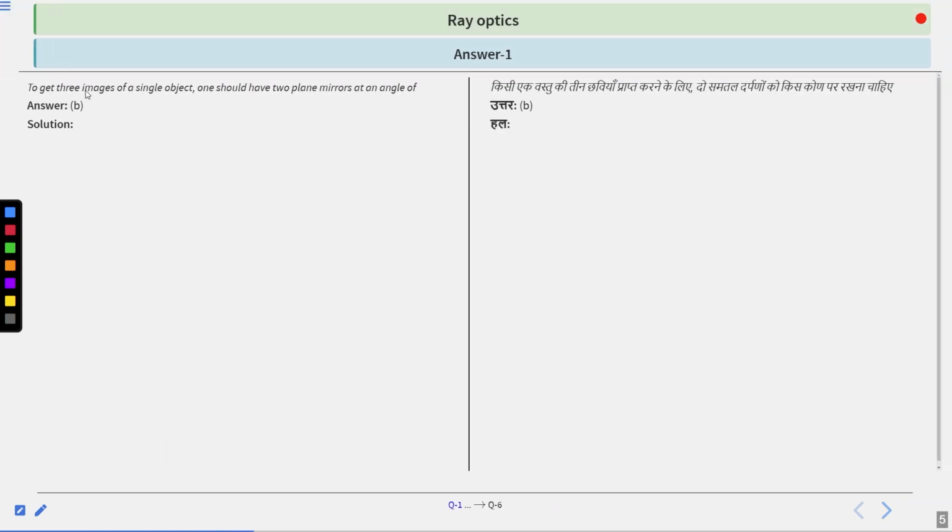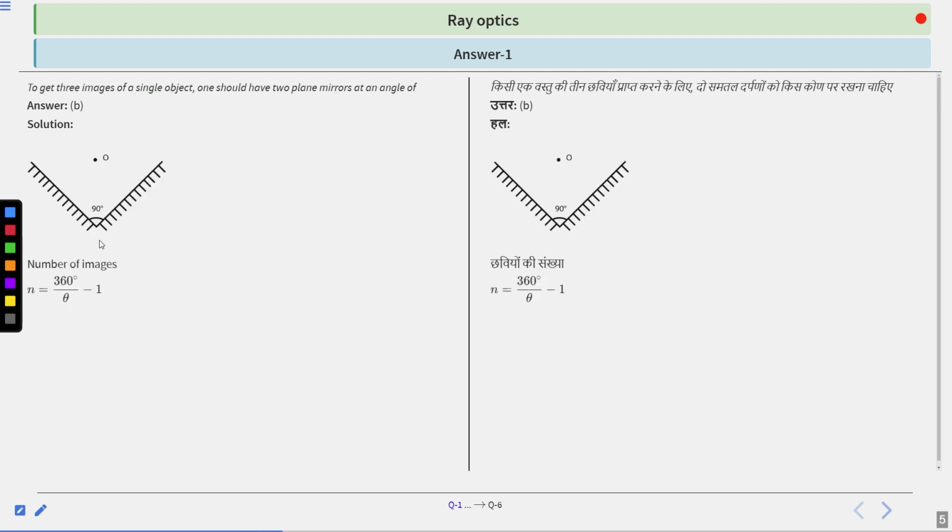To get three images of a single object, one should have two plane mirrors at an angle of what? Suppose there are two plane mirrors, this is plane mirror first and this is plane mirror second, and the object is placed between them.